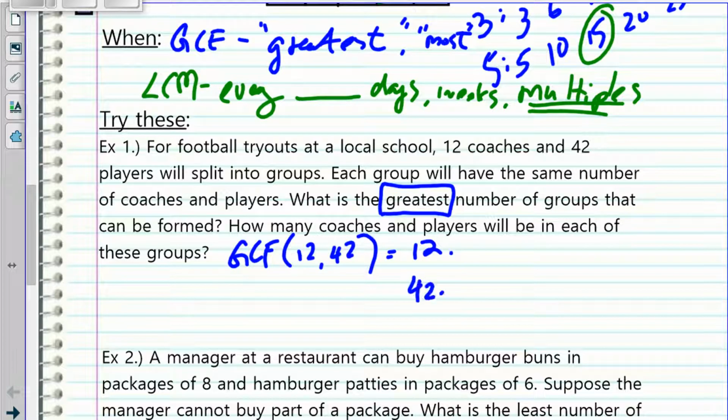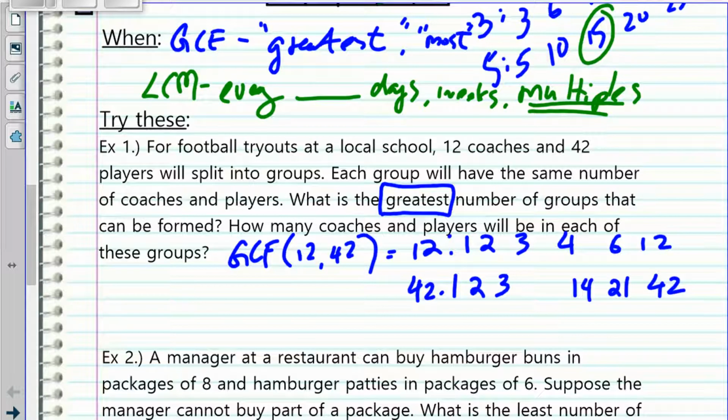So list the factors of 12. All right, 1, 12, 2, 6, 3, 4, and 4, 3, so on and so forth. For 42 it's 1, 42, 2, 21, 3, yep, 3 times 14.